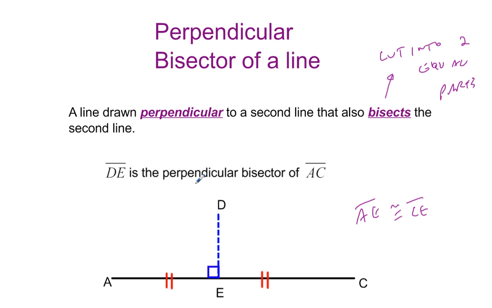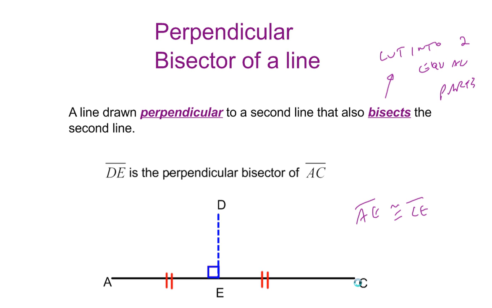DE is also perpendicular to AC. And you can see that because DE creates this perpendicular sign with line segment AEC.